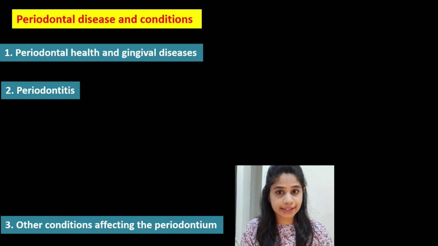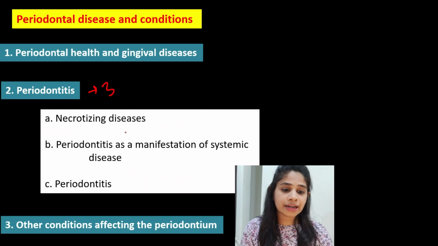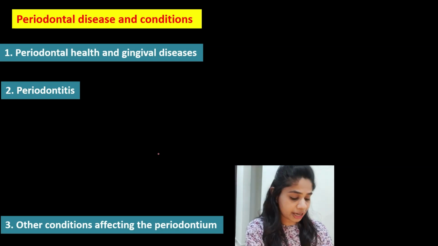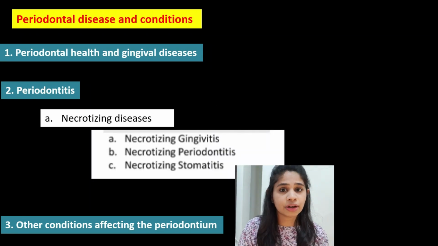Now coming on to the second subheading, which is periodontitis. In this subgroup, the attachment apparatus or the periodontium itself is affected. This is further subdivided into three categories: the necrotizing diseases, periodontitis as a manifestation of systemic disease, and periodontitis itself. Coming on to necrotizing diseases, we are familiar with necrotizing gingivitis, necrotizing periodontitis and necrotizing stomatitis.